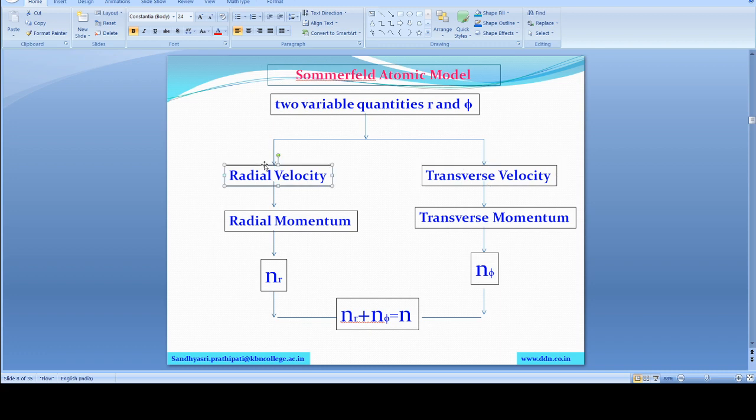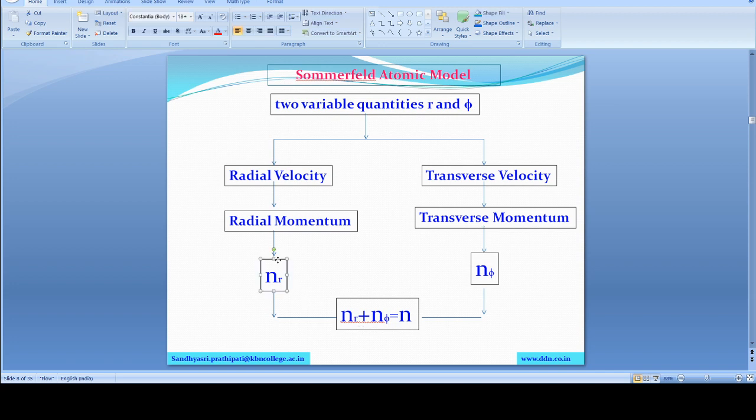Because of radial velocity, it gains radial momentum. Because of transverse velocity, it gains transverse momentum. So, we need a quantum number n r for radial momentum, n phi for transverse momentum. But the condition is n r plus n phi is equal to n.